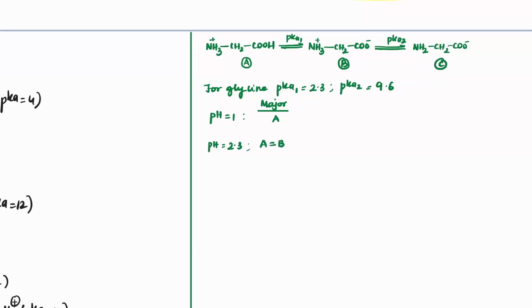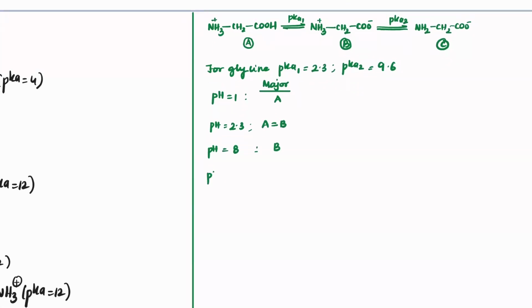Okay, next, if pH is equal to 8, it is B. And what about the average?